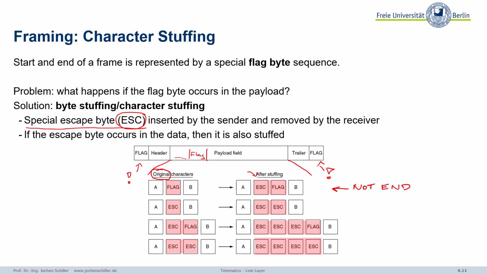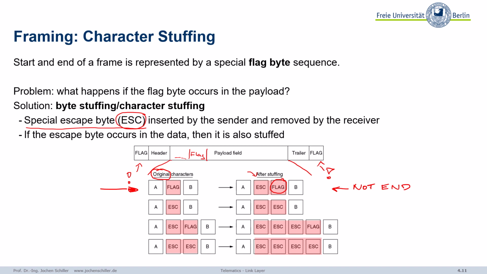The receiver knows, okay, I read the flag character, but as we have an escape before the flag character, the semantics of this flag is not a flag. It just looks like a flag, but it's not a real flag telling the receiver this is the end. So this is the very basic principle, and this is called character stuffing.